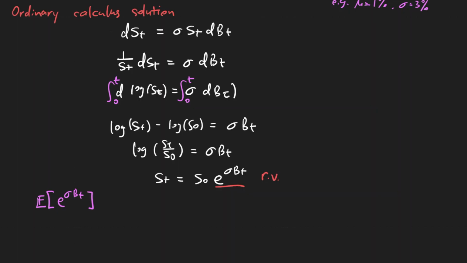The expected value requires the integral of e to the sigma B_t times the Gaussian density function.